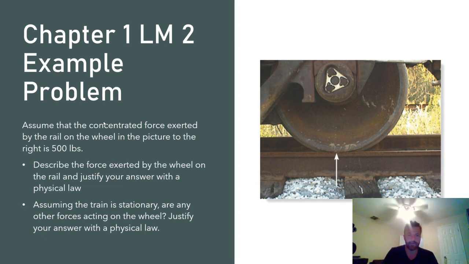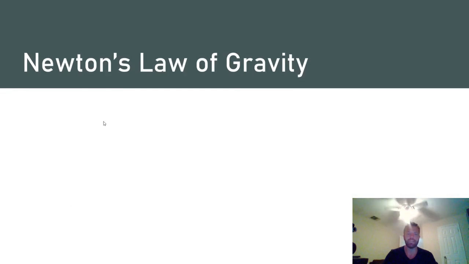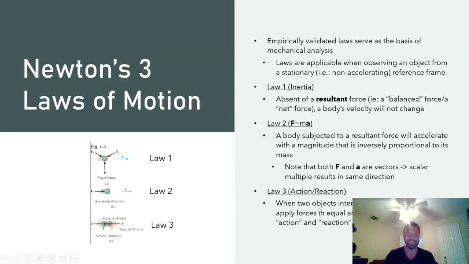So the first bullet says, describe the force exerted by the wheel on the rail and justify your answer with a physical law. You have to read the problem very carefully to make sure that you get what I'm asking. So I'm saying the rail pushes up on the wheel by 500 pounds. Well, if the rail pushes up on the wheel, remember that the rail is in contact with the wheel. So this is Newton's third law, of action and reaction.